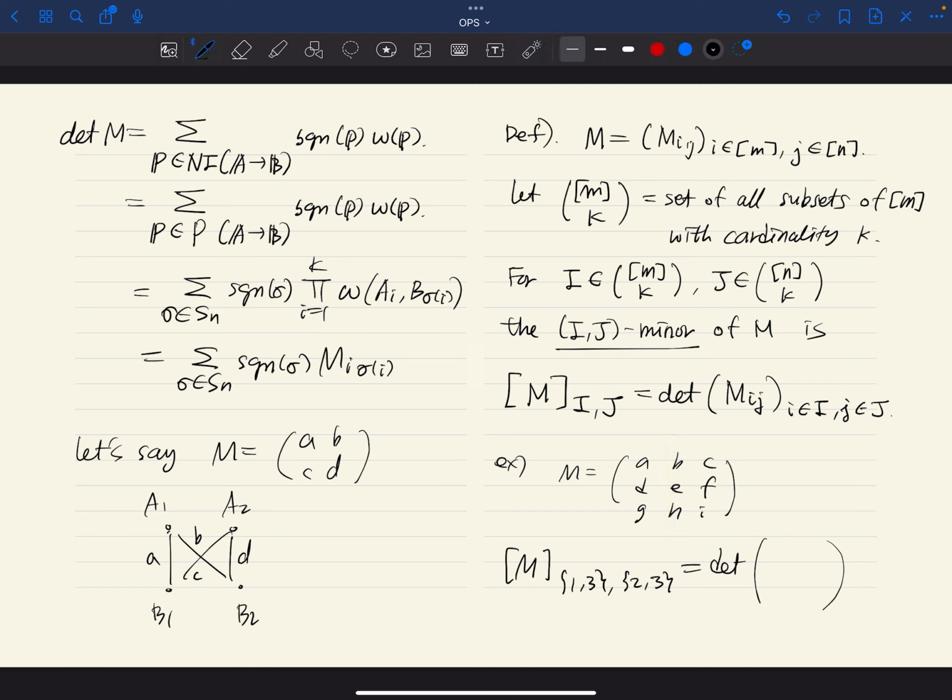So that's going to be B, C, H, I. That's the minor. All right, I think we can state the theorem.